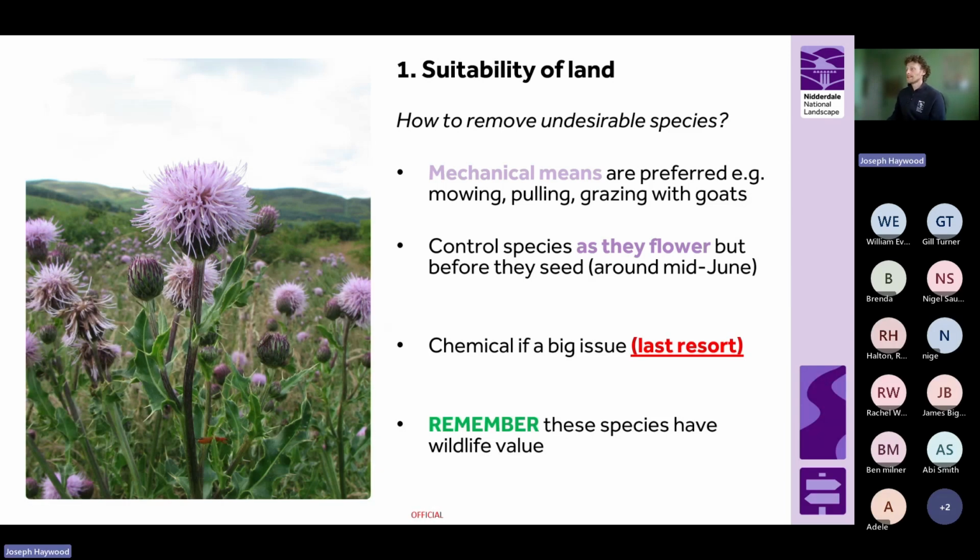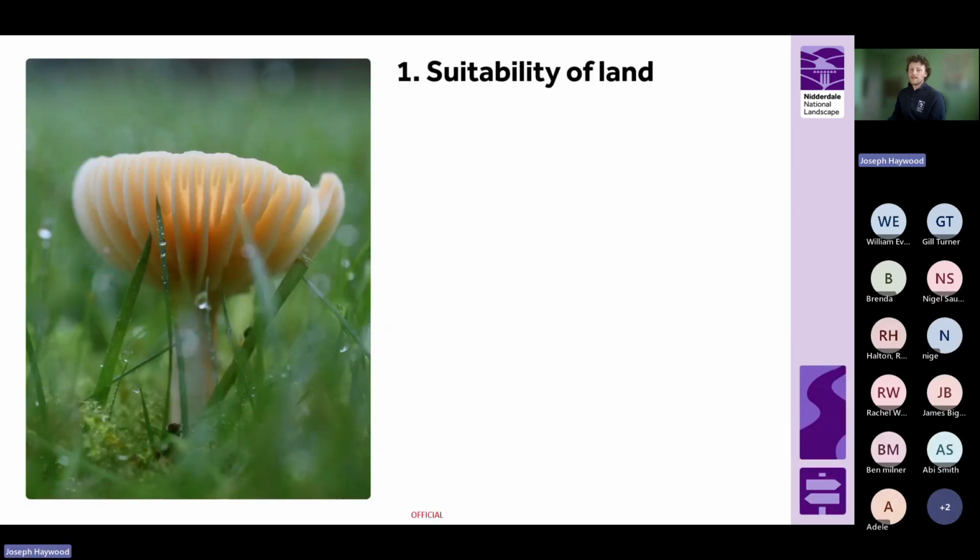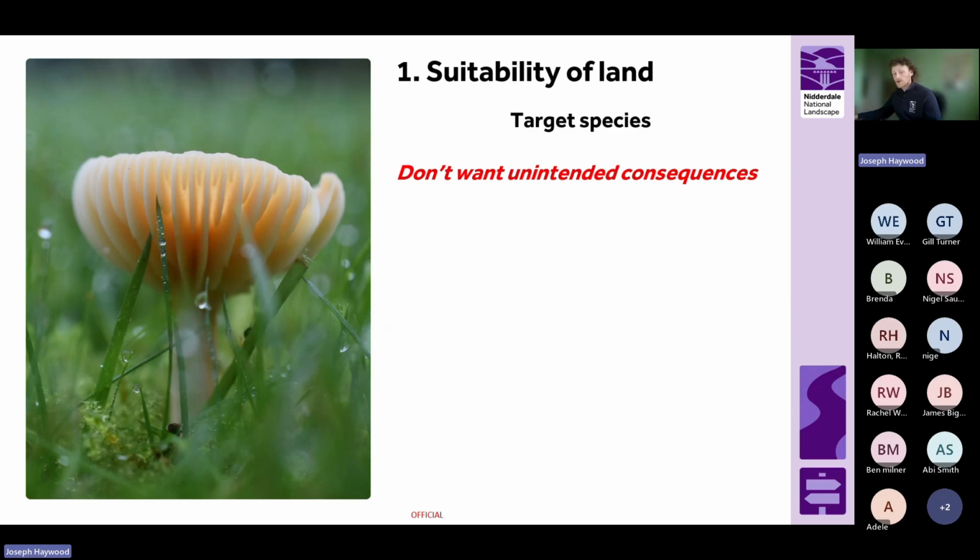So we've looked at soil fertility and undesirable species. We didn't want to impact any target species. We don't want any unintended consequences. So this picture here is a wax cap, a meadow wax cap.